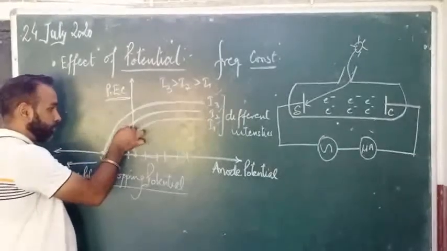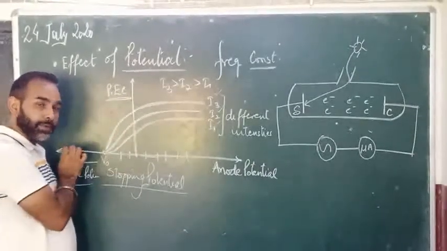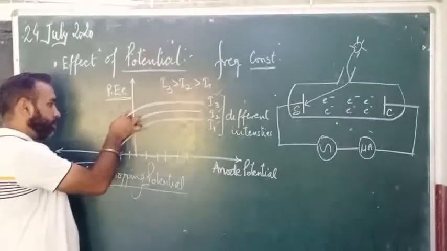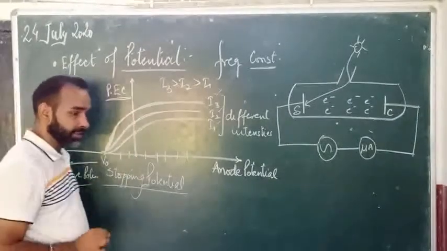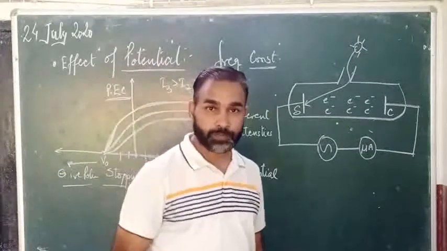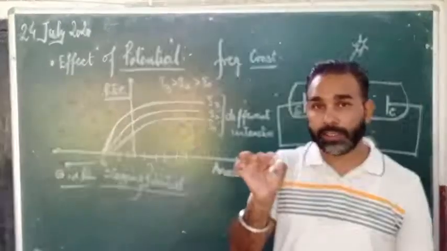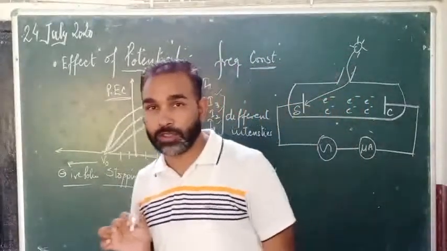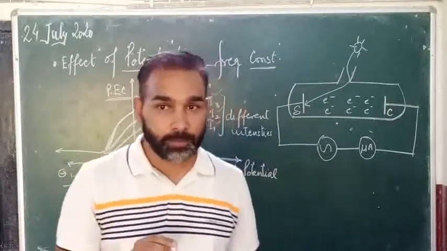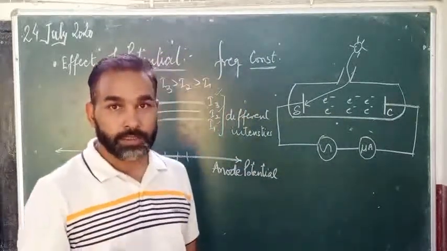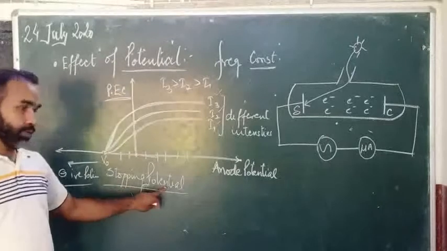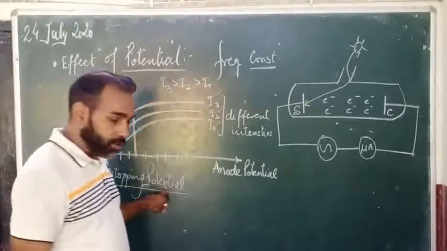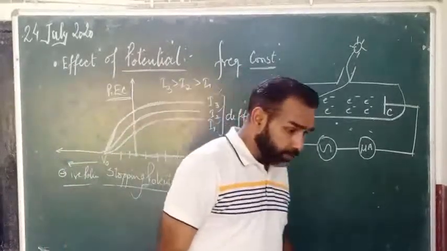For I2 also it decreases and becomes zero, and for I3 also it gradually decreases and becomes zero. The potential at which the photoelectric current becomes zero, when a negative potential is applied, is known as stopping potential.